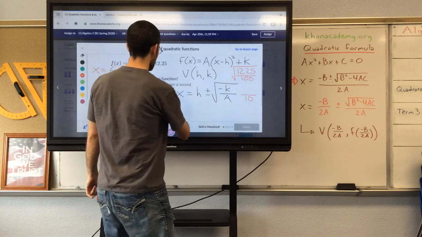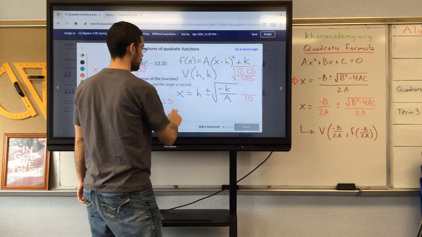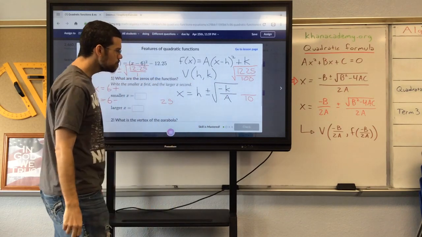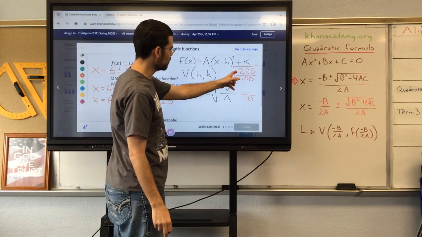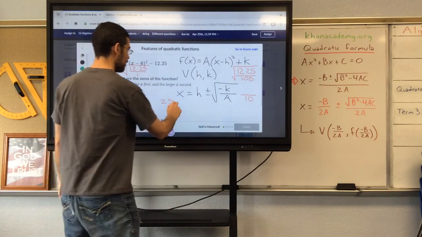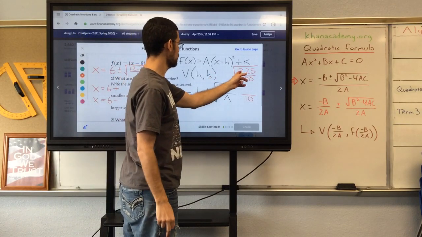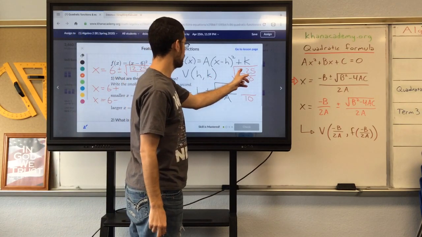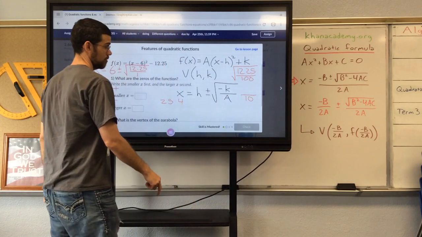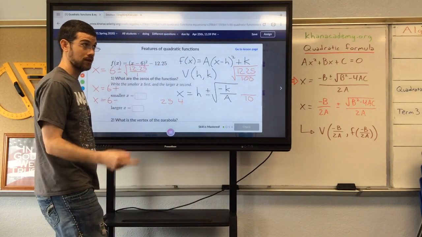1,225 equals 25 times, how many times can we fit 25 into 122? 4 times, and then 25 goes into 225. Let's see, 9 times?